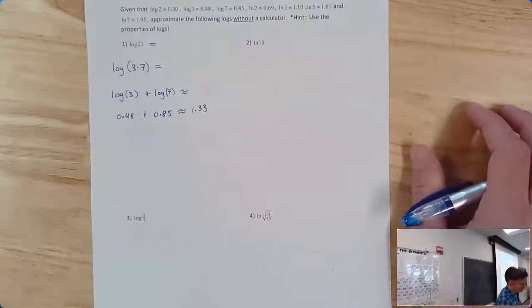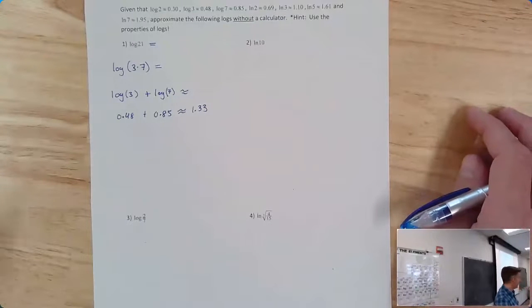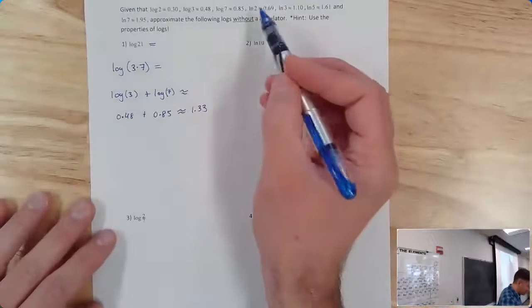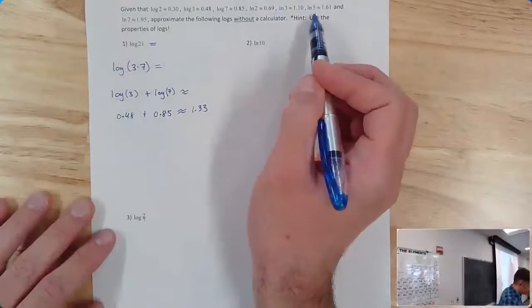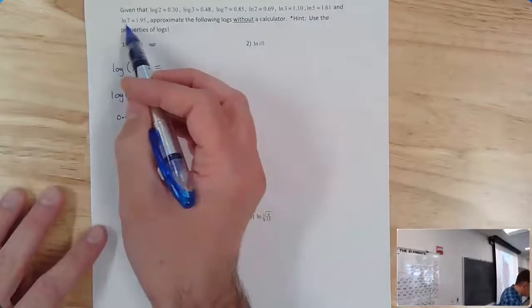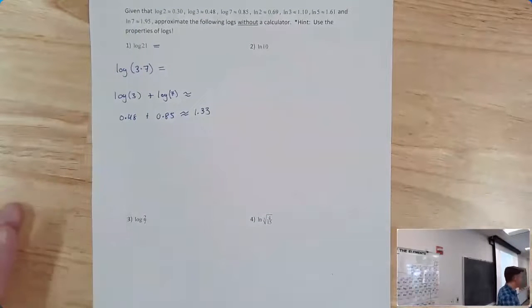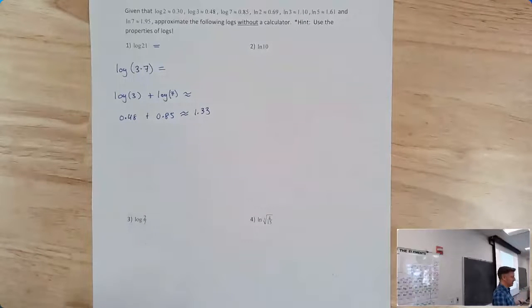All right. Natural log of 10. If I'm looking at my list, I have natural log of 2, natural log of 3, natural log of 5, and natural log of 7 down here. I didn't see that. So I need to think of things that get me to 10. Not by adding, right? We need to think of things that either multiply or divide to 10.